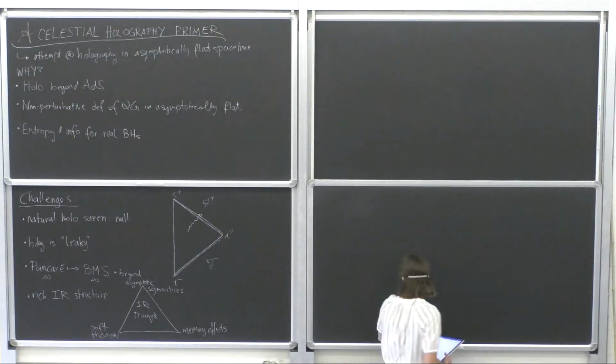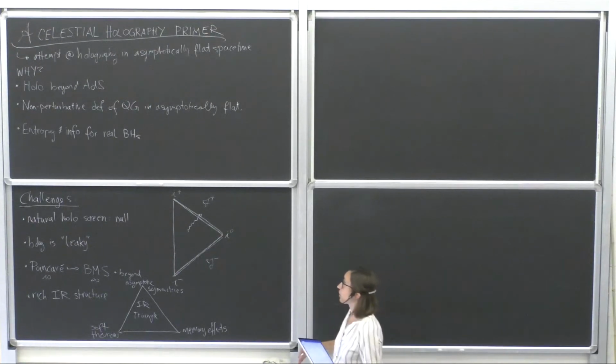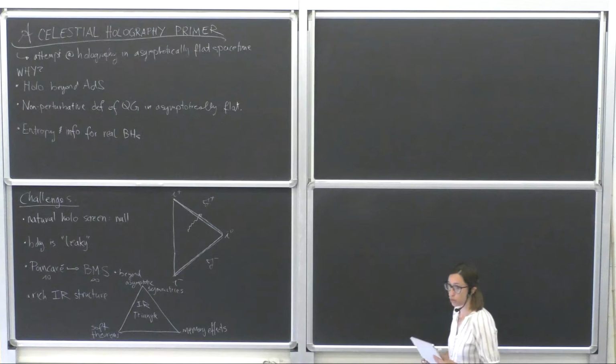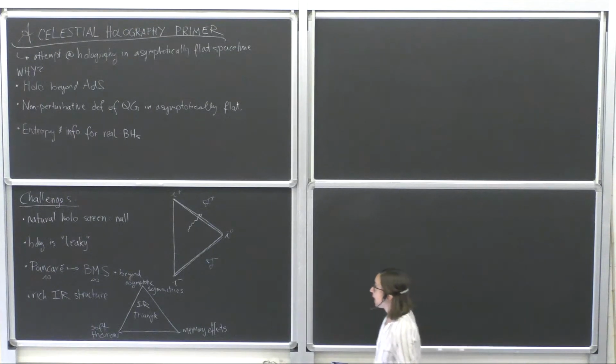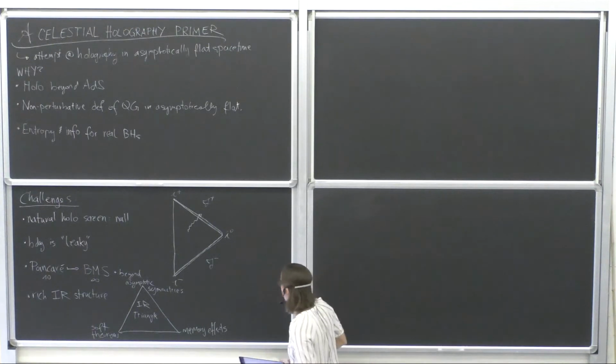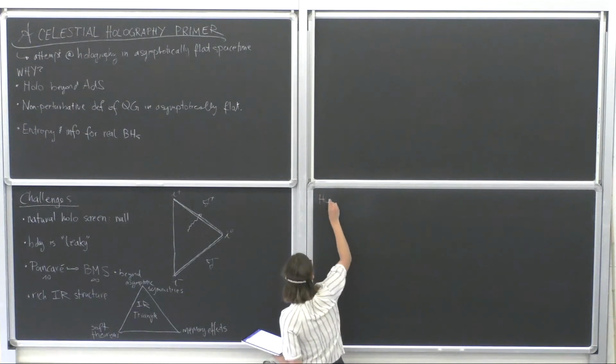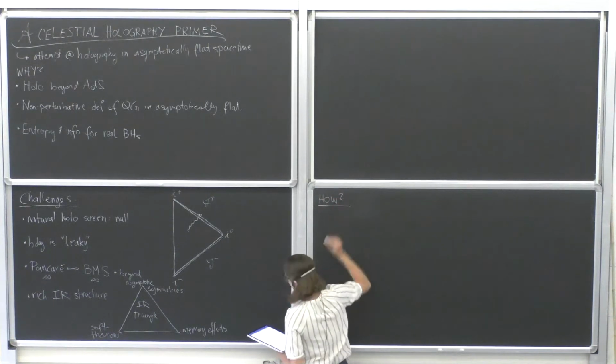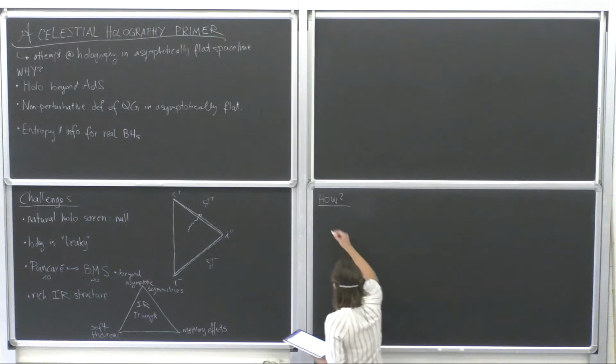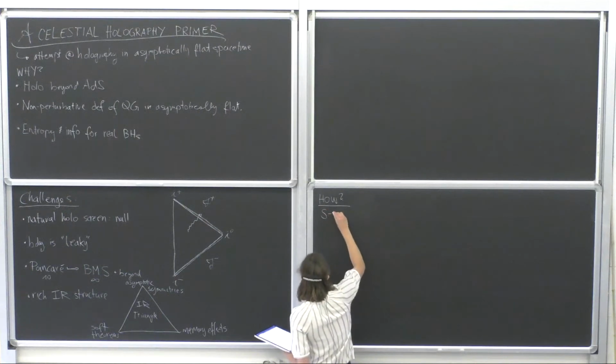So now I've told you it's an important question to understand whether holography holds beyond de Sitter space. And I've told you some challenges. So how do we move forward from here? So in asymptotically flat space, the basic observable is the S matrix.